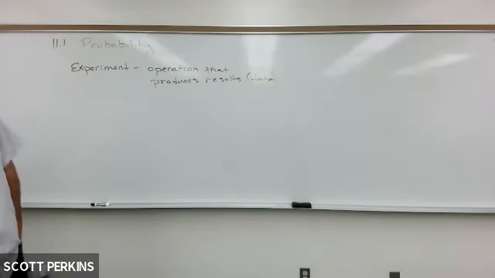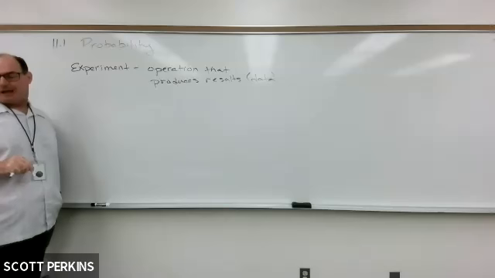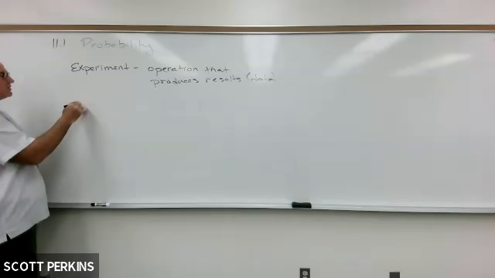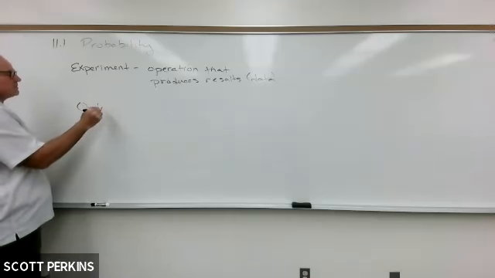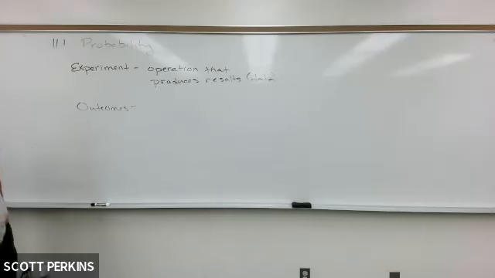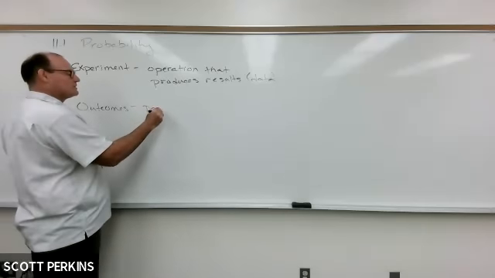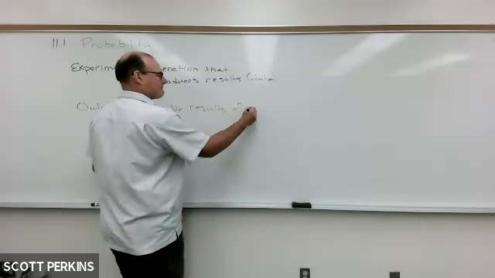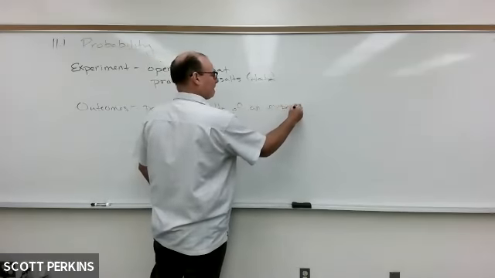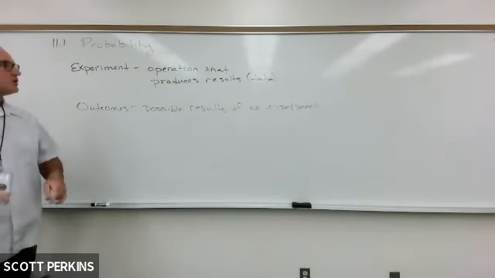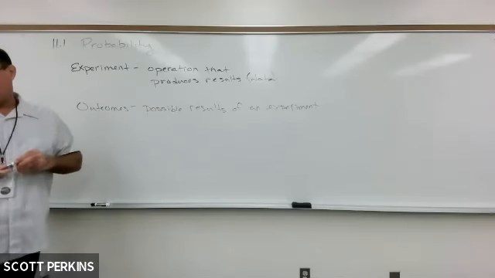Okay, so there's 2 types of probability, and the first type of probability is based on experiments. And so in our experiments, we have what's called outcomes. The outcomes are the possible results of an experiment.